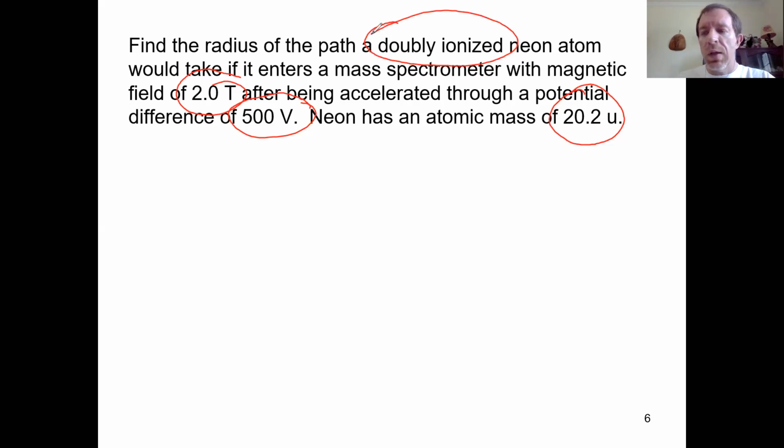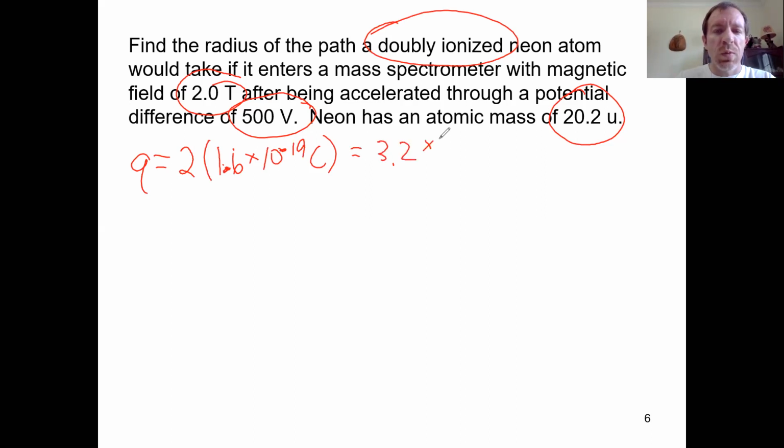Well, what does that mean? It means that we have 2 electrons stripped off, so we've got 2 missing electrons. So our charge is going to be twice the fundamental charge, which is 1.6 times 10 to the negative 19 coulombs. Our charge is 3.2 times 10 to the negative 19 coulombs. What are we actually asked for?